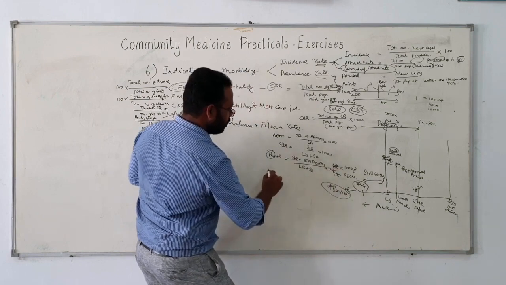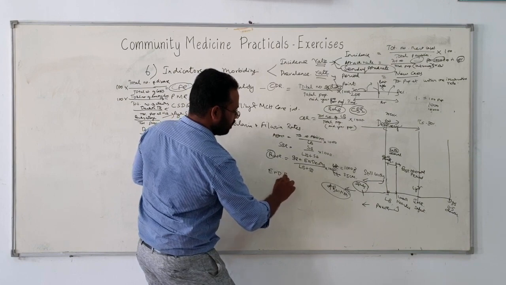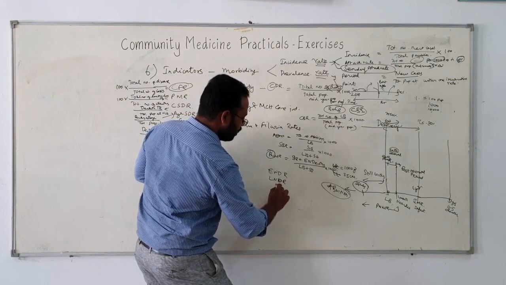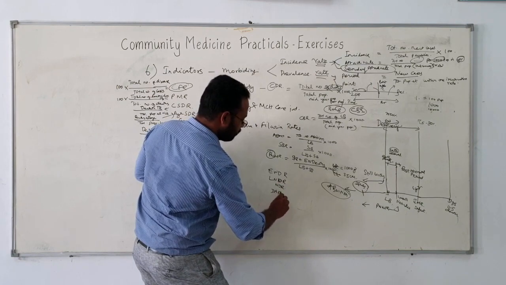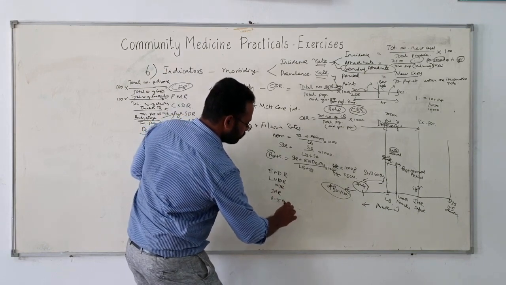Then you can calculate early neonatal death rate, late neonatal death rate, neonatal death rate, infant mortality rate, under 5 mortality rate.